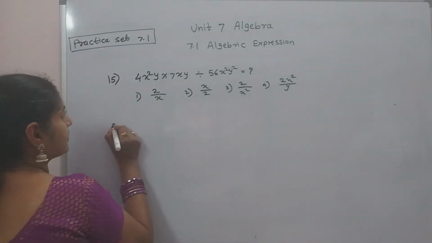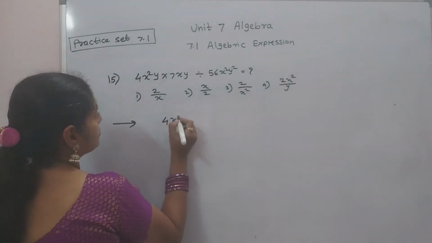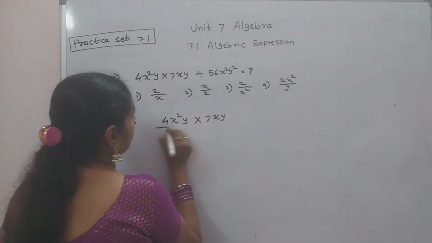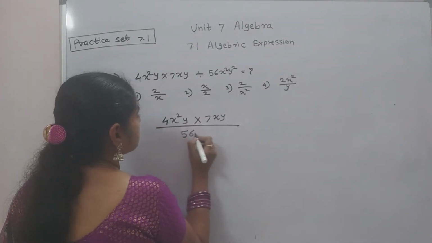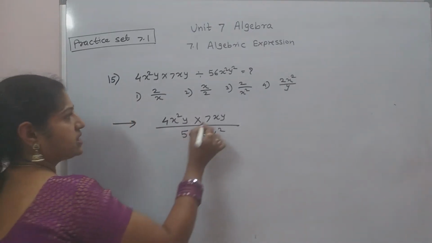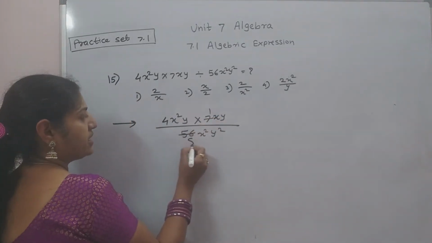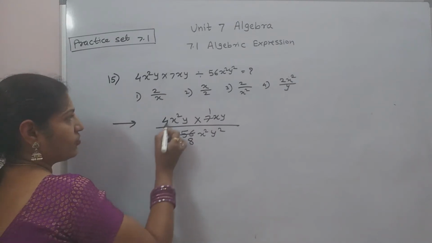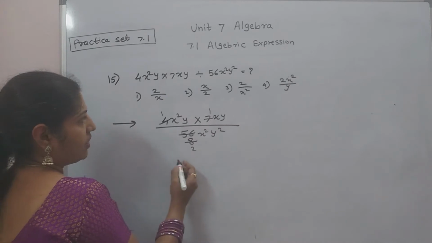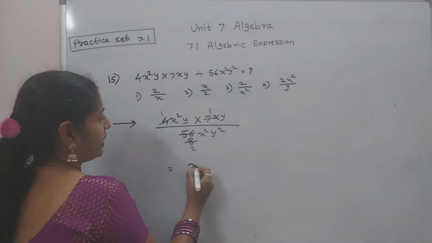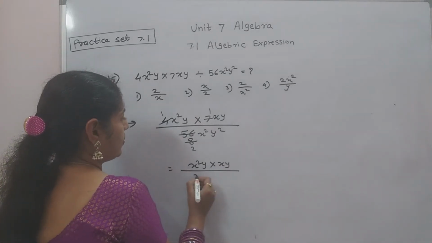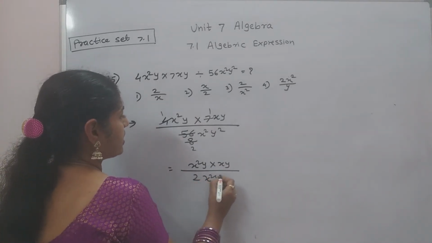Next example. 4x square y into 7xy divided by 56x square y square. 7 ones are 7, 7 8s are 56. 4 ones are 4, 4 2s are 8. Now on numerator, x square y into xy upon 2 into x square y square.